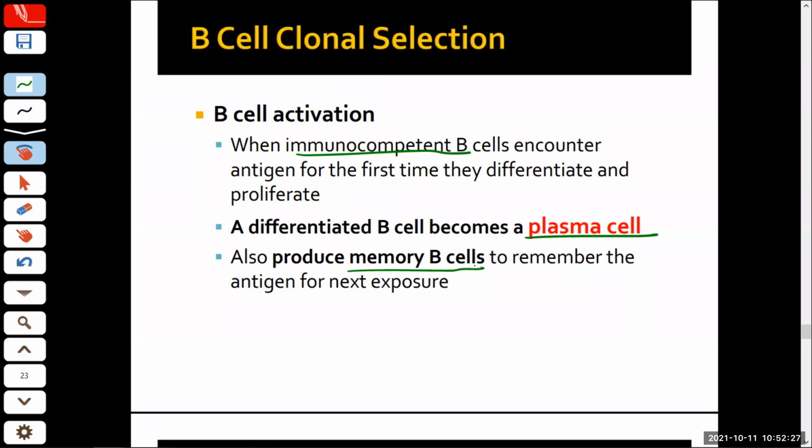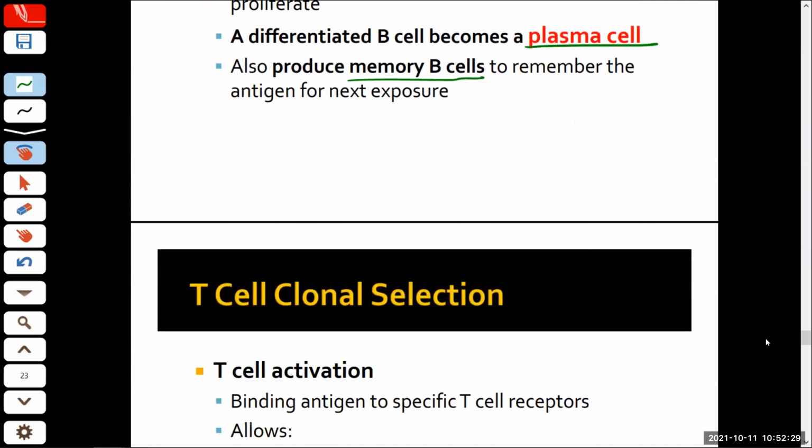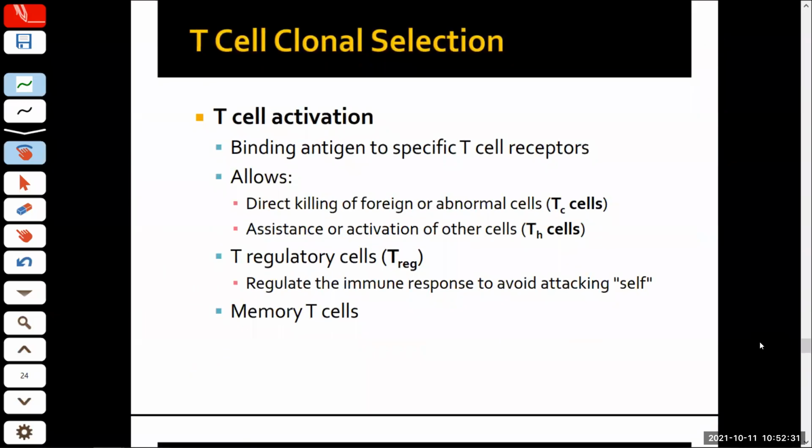Remembers. T cells, right? T cytotoxic, T helper, T reg, T memory. I'm just underlining them here, but we already wrote them before, so not a huge emphasis on the slide.